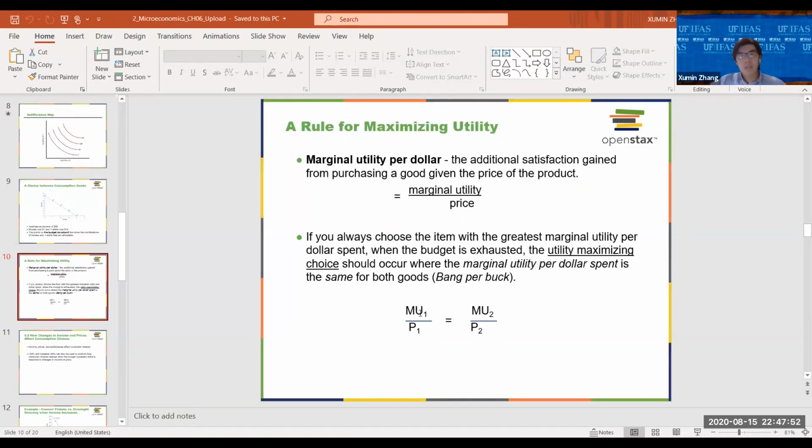Mathematically, this is the marginal utility of good one divided by its price, and it must be equal to the marginal utility of good two over its price. We also call it bang per buck. Although I simplified this, I just gave you the result and skipped the detailed calculation.